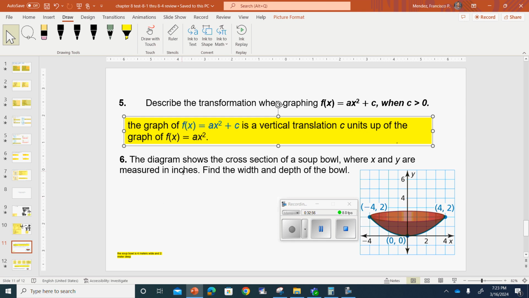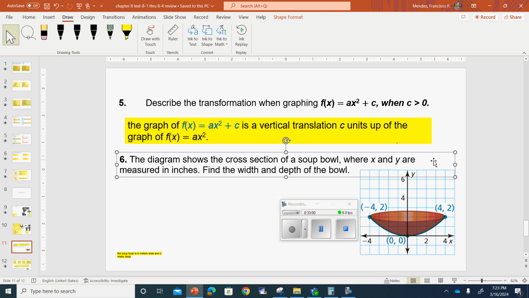Number 6, the diagram shows the cross-section of the soup bowl, where x and y are measures of inches. Find the width and the depth. This is probably the easiest problem out of them all, because the width is going to be from this end, -4, to this end, 4.